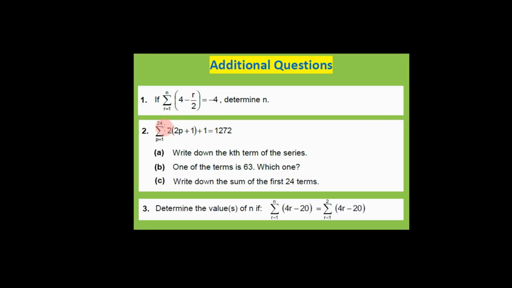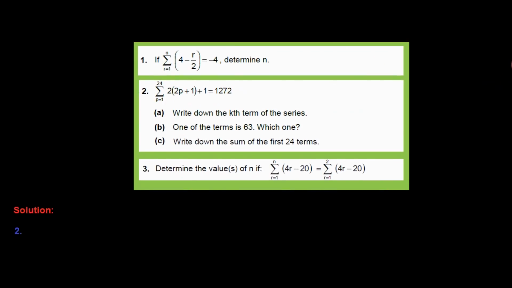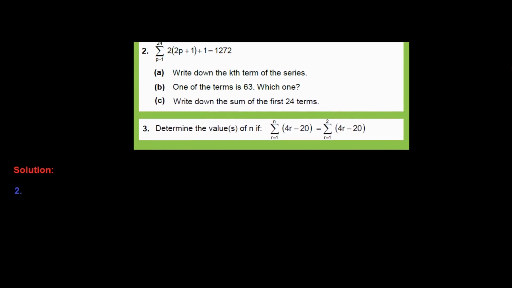So we just take this expression and replace P with K. So T sub K, this of course is A. So T sub K will be 2 into 2K plus 1 plus 1.